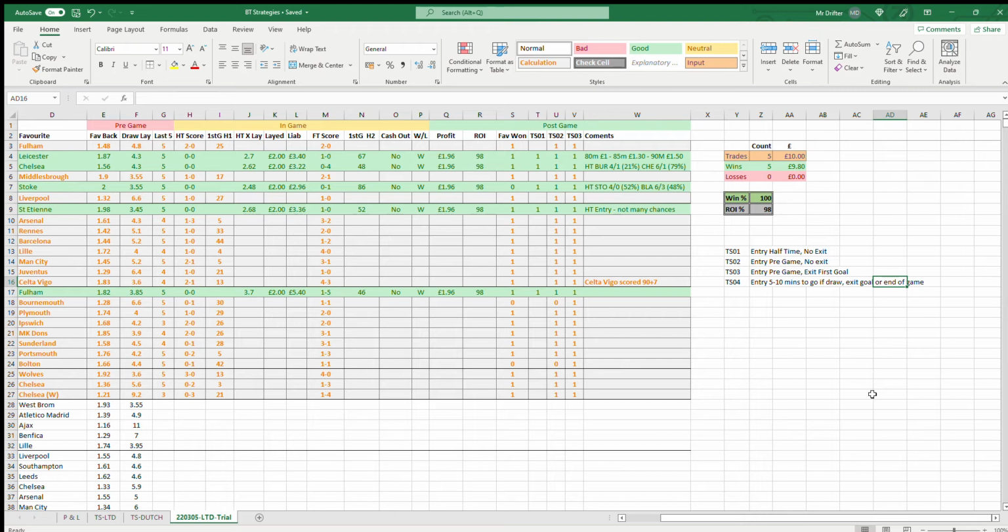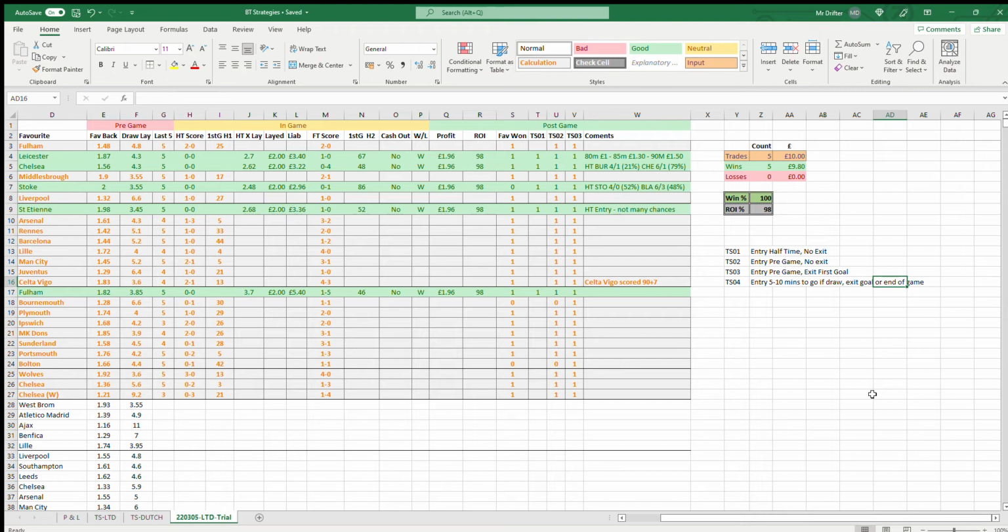But then what you do is, if the game's still 0-0 or a draw with 5 or 10 minutes to go, and I need to define that part, when it happens I'll get some sample data together to look at that. But what you do, which is interesting, you lay the draw with about 5 minutes to go, and the reason you do it with 5 minutes to go is it's going to be at its lowest possible state at that point.